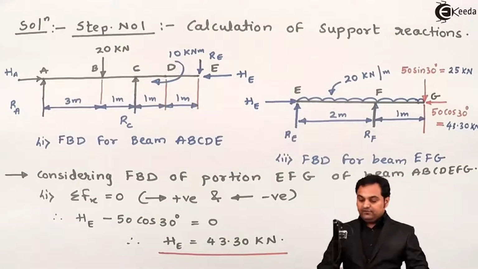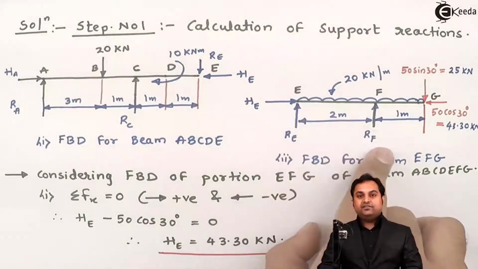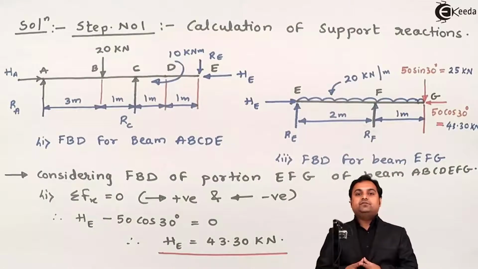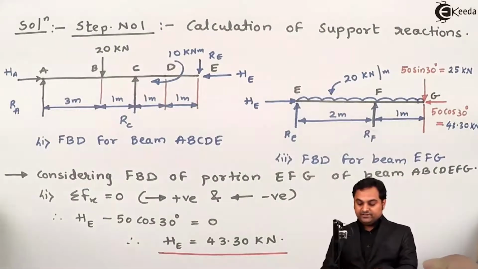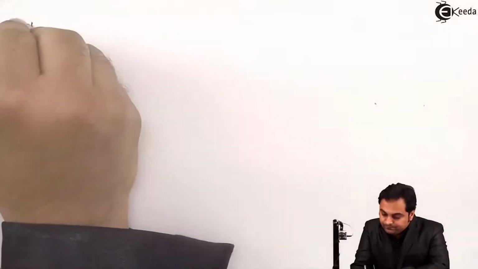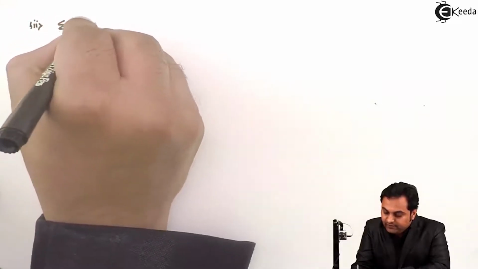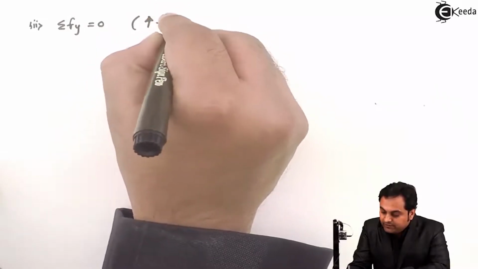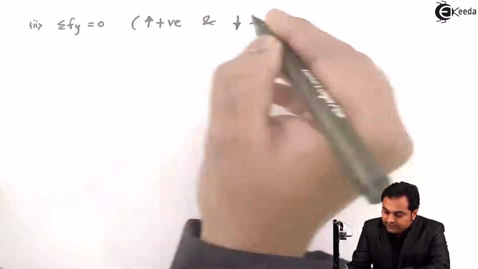Next, I need to find the values of RE and RF. As both are vertical, I'll use the second condition of equilibrium, that is summation of Fy is equal to 0, where upward forces are positive and downward forces are negative.